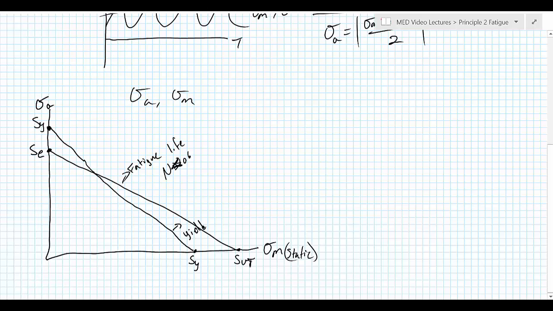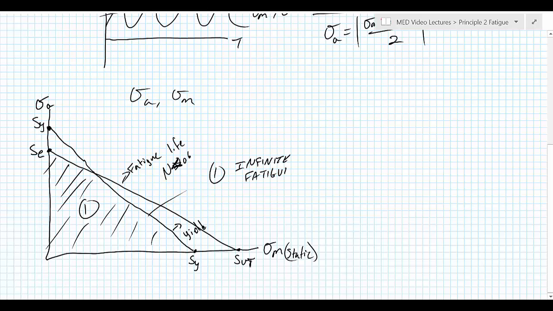So we have a couple interesting regions in here. Let's call this region 1. In this region, we say that the part has infinite fatigue life, and it does not yield.